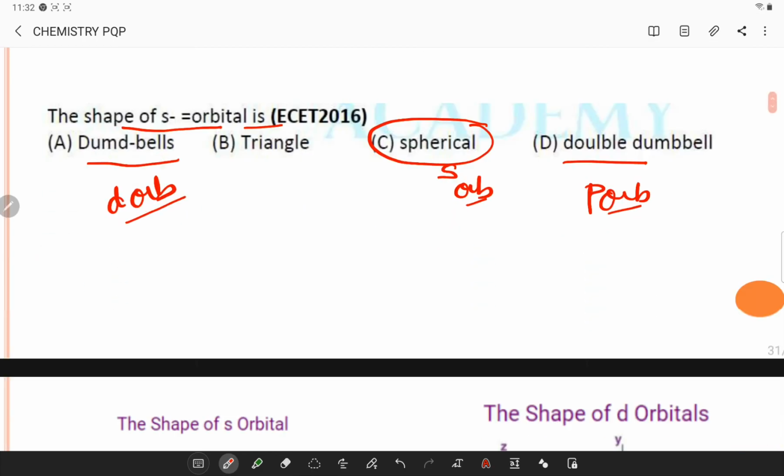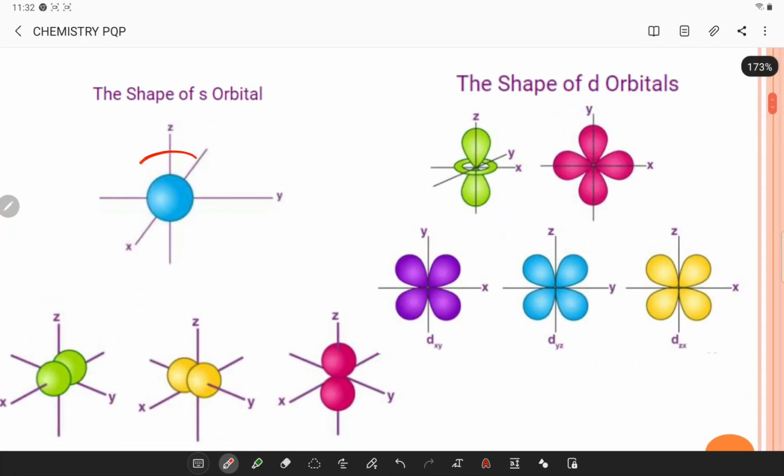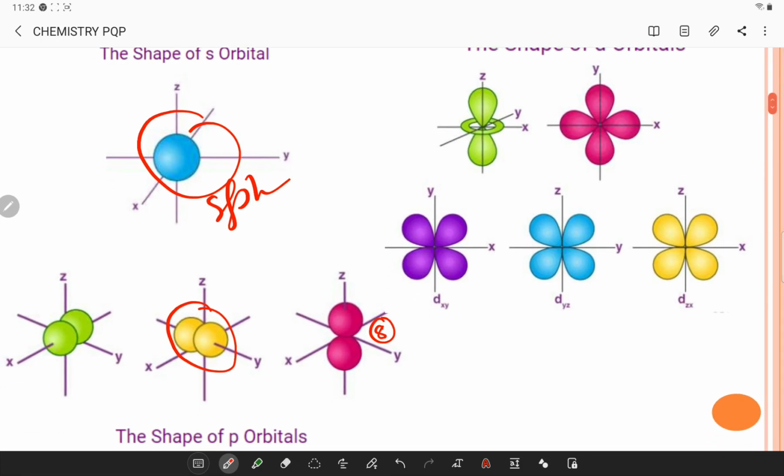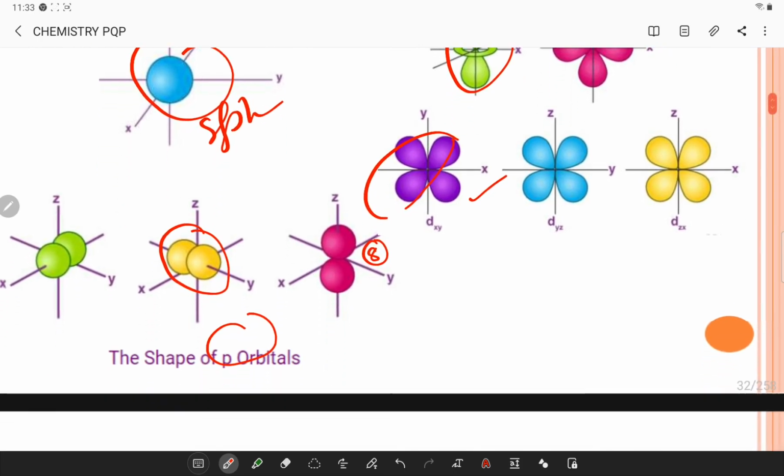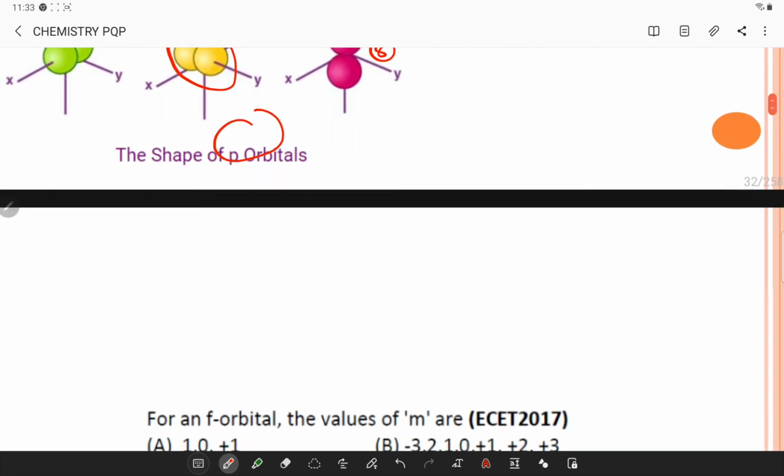So I'll show you the diagrams for better understanding. So s orbital is spherical and you have 2 in the form of 8, which is your p orbital, and d orbital will be having double dumbbells or 4 flower type model.